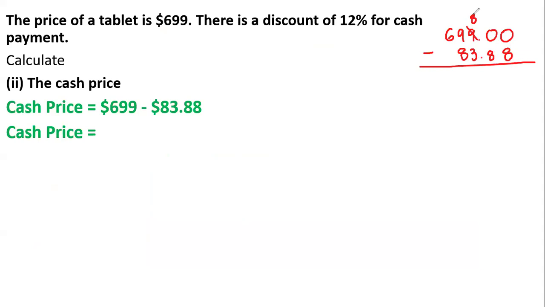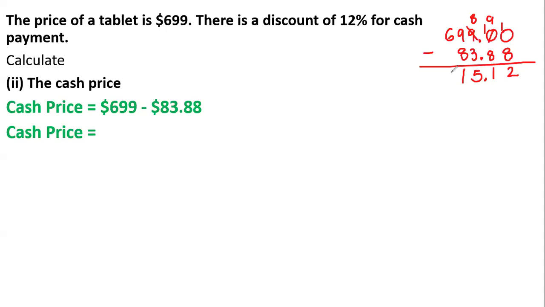It's gonna be 10. It's gonna be 9. 10 minus 8 is 2. 9 minus 8 is 1. 8 minus 3 is 5. 9 minus 8 is 1.